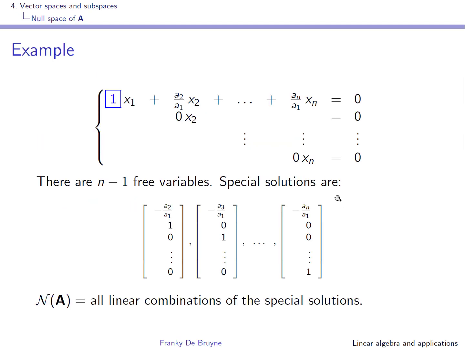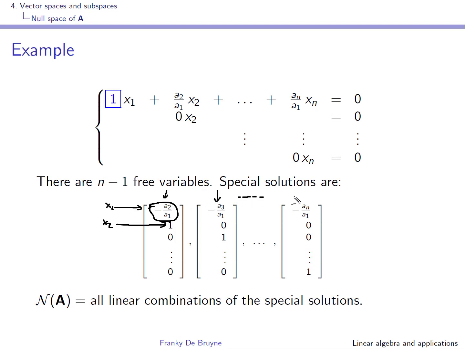And this is what you see over here. A special solution is simply obtained by setting one free variable to 1, okay? So here it's x2 that is set to 1, and all the other free variables are set to 0, and then we find the corresponding value of x1 over here. We can do the same thing by setting now x3 to 1 and the other variables x2 up to xn to 0 and find x1, and you obtain this special solution.